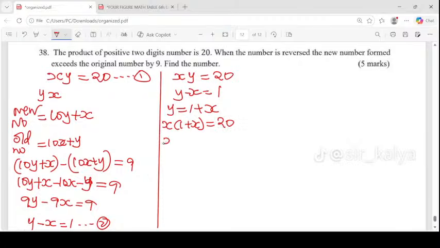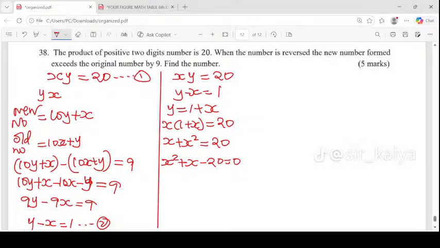So this will become x plus x squared is equal to 20. So I can have here, x squared plus x minus 20 is equal to 0.